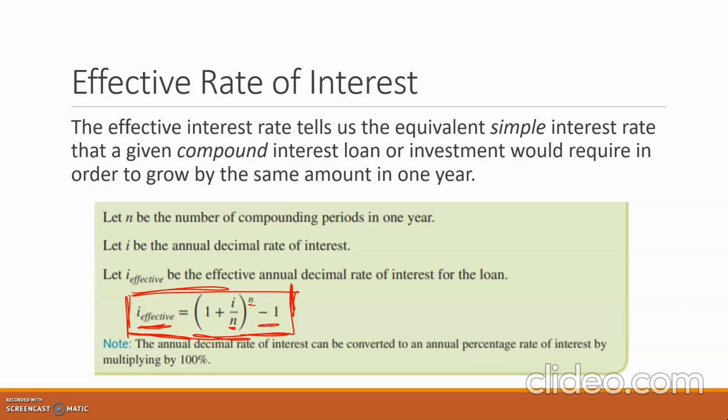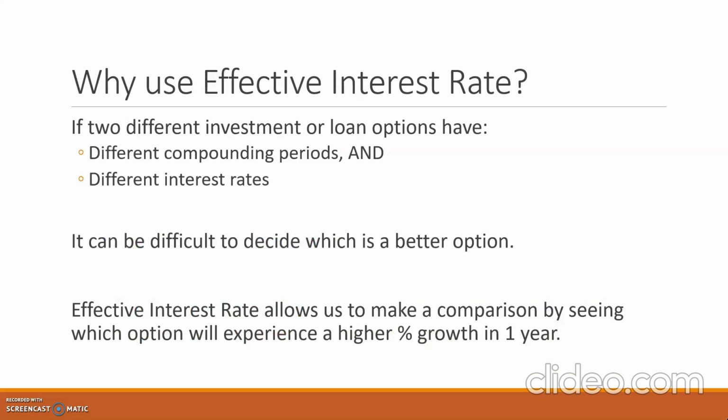Alrighty, let's take a look at why we would bother to use this effective interest rate. The reason I would choose to use it is because if two different investment or loan options have more than one variable that are not in common with each other, so maybe I have different compounding periods and different interest rates for the two loans, it's actually really difficult to decide which is a better option.